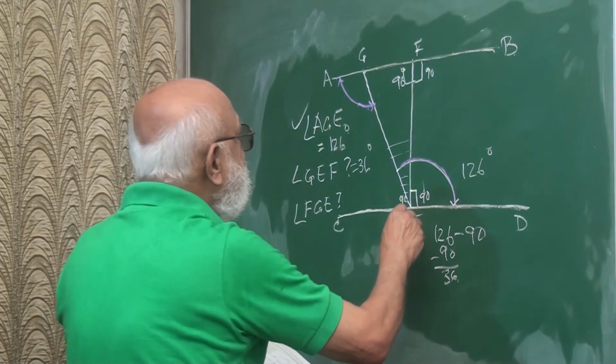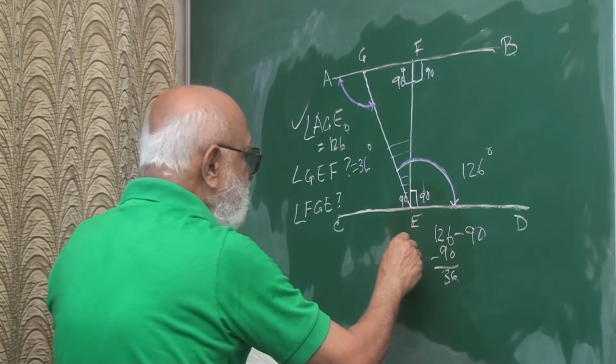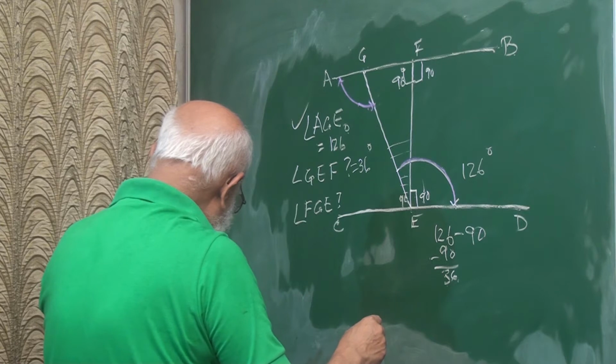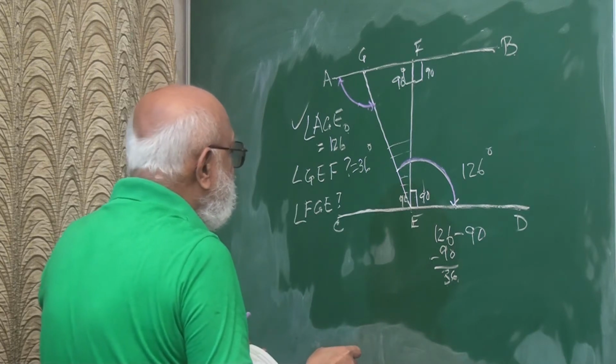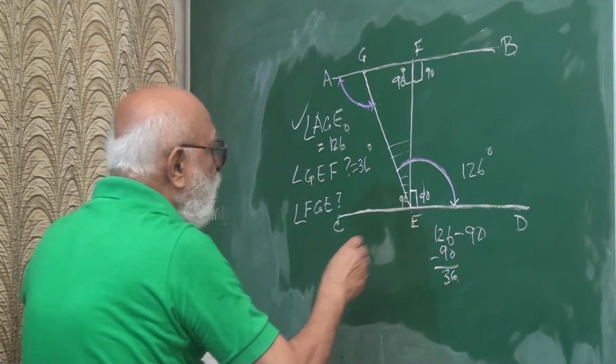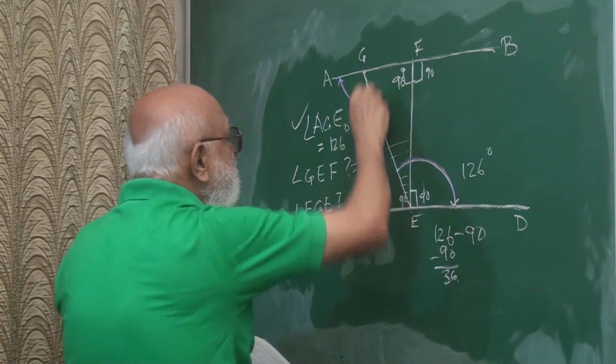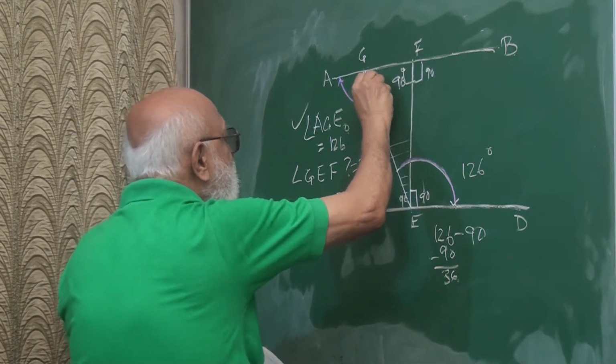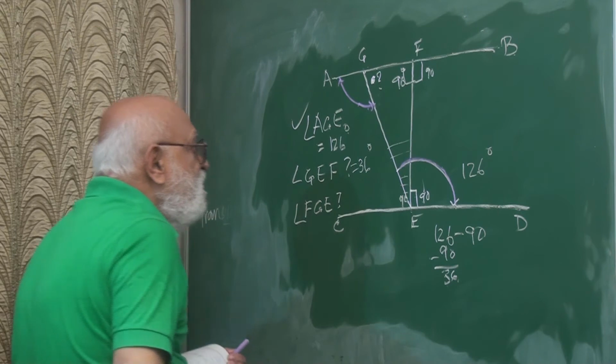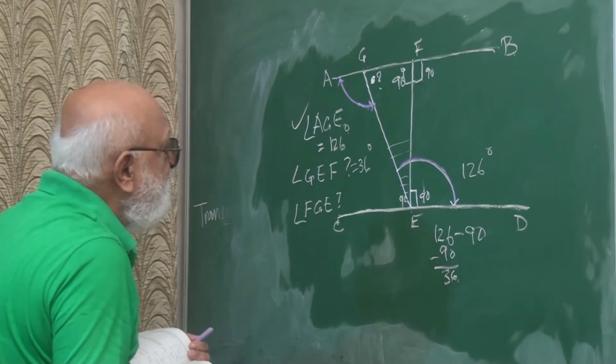Next, FG. I think there is something. FGE. Where is G? Okay, FGE. This angle. Okay, there is nothing else in there.